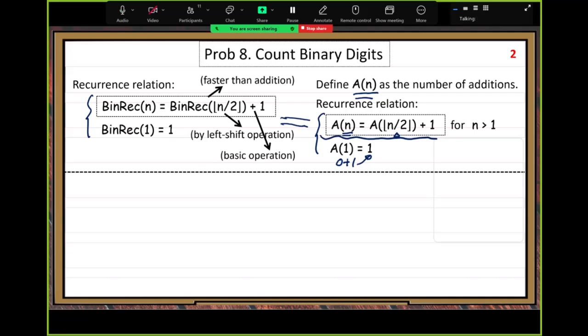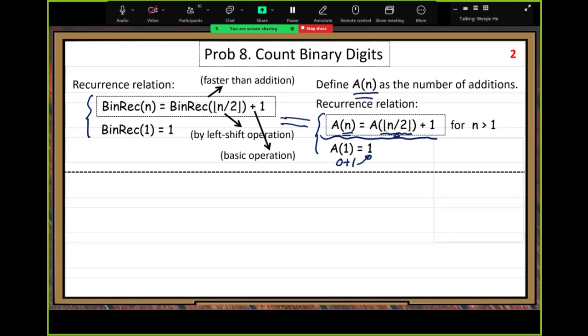Look at this part. Do you feel the floor function could cause some processing difficulty there? Do you feel handling the floor function in this recurrence relation is a little hard?